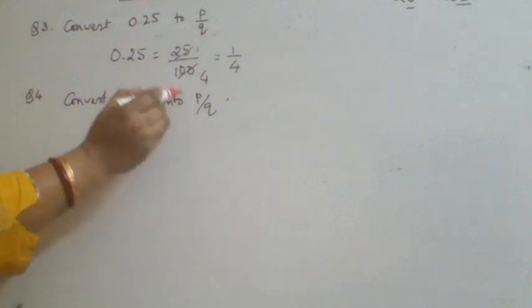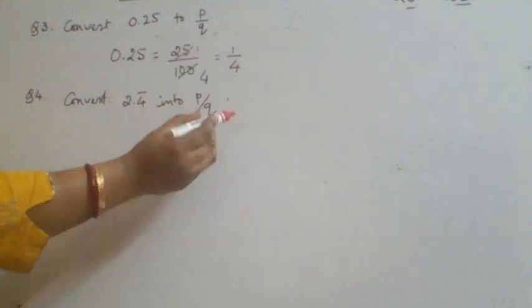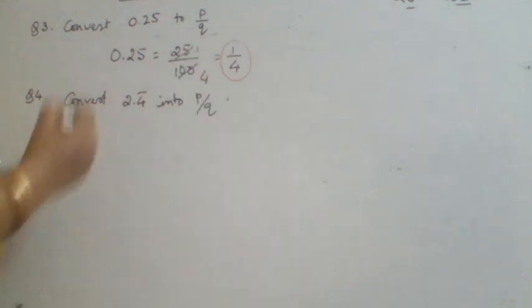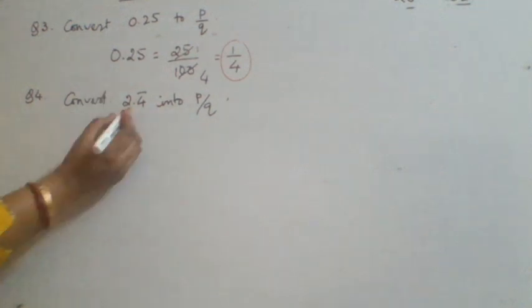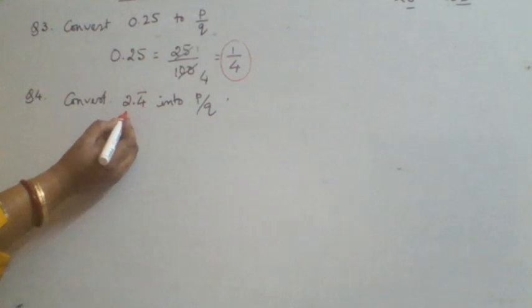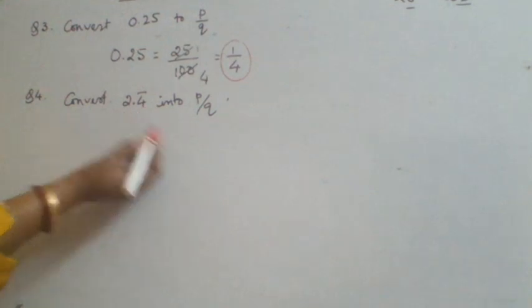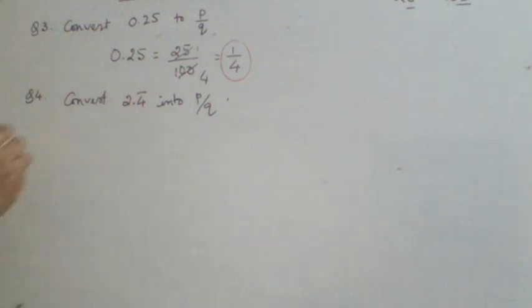See, this is how we do that. The earlier one was a terminating decimal. Simply we put the number of zeros and cancelled it to the lowest terms. You get the p by q form. But if it is a non-terminating but repeating decimal, again, non-terminating repeating decimals are rational numbers. If they are rational numbers, we can write them in the form of p by q. So the solution goes like this.